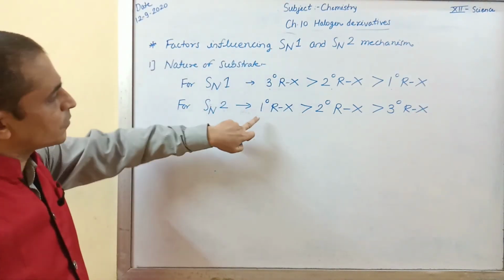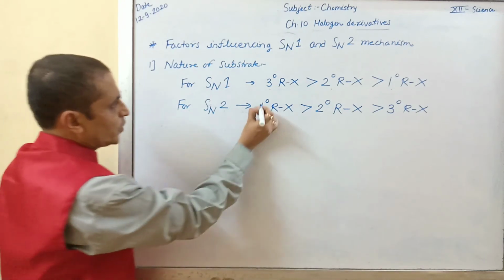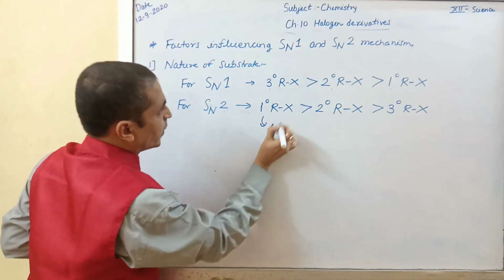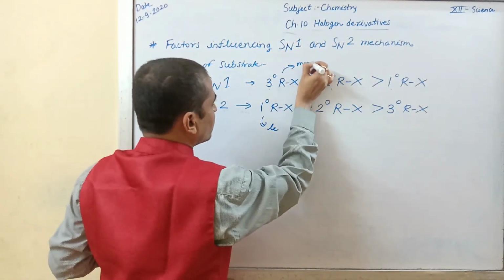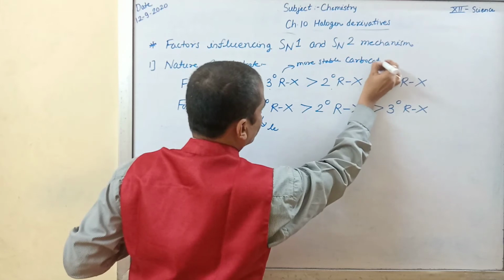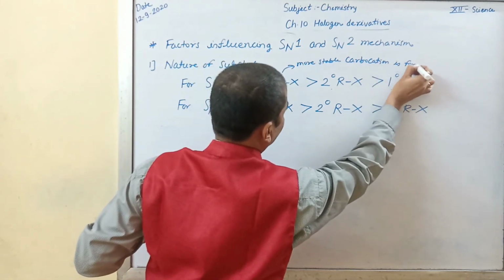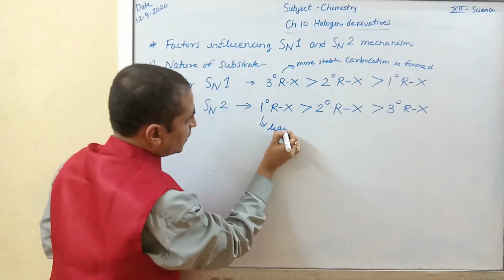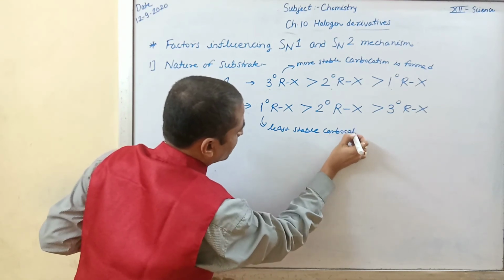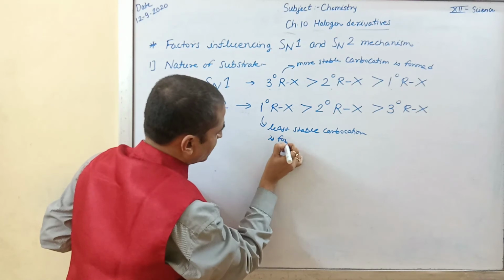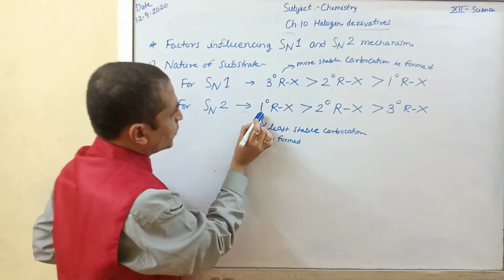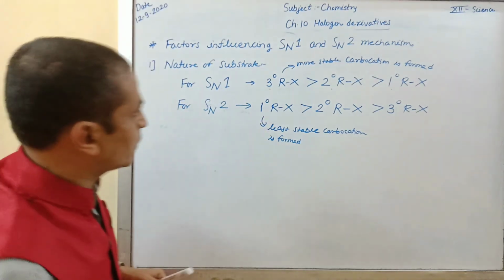In this, carbocation is not formed and therefore it is an SN2 reaction. Here the least stable carbocation would be formed, and therefore in SN2 primary alkyl halide is most favorable. Okay.